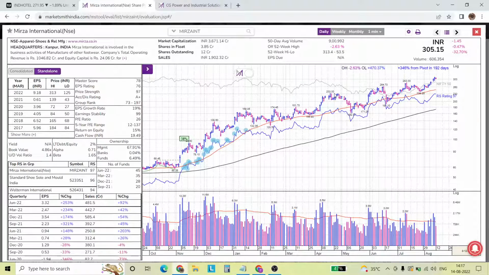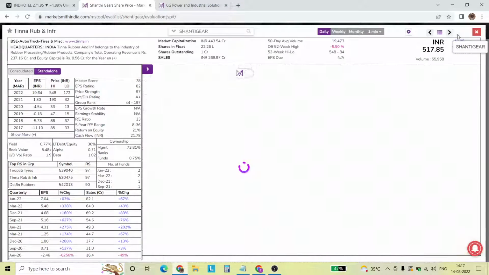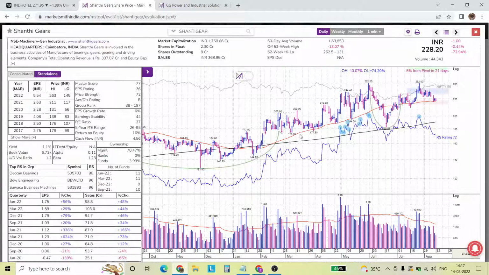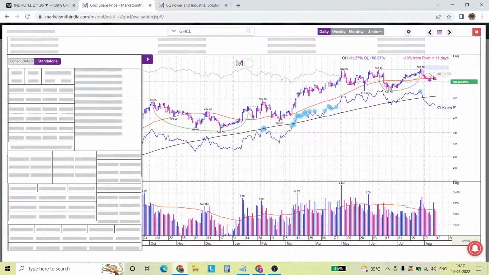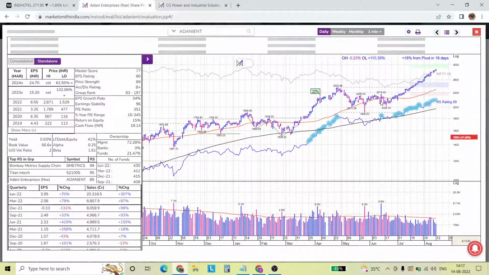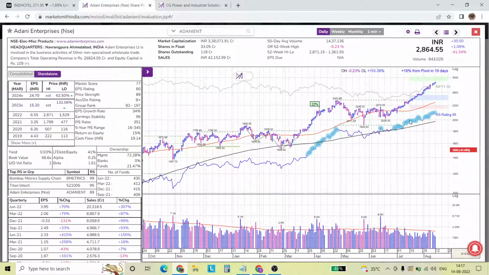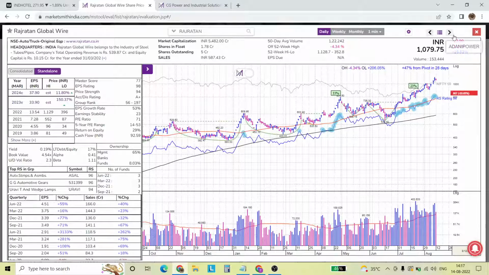This is Mirza Enterprises, beautiful VCP over here, but we are already in this trade. This trade is running for us actually, and we are in good profit. What about this? No, no. Guys, I'm looking for one trade, one setup which I'll mark, and I think I'll end the stream because I'm going to do this for quite some time, and I don't want you guys to be bored.